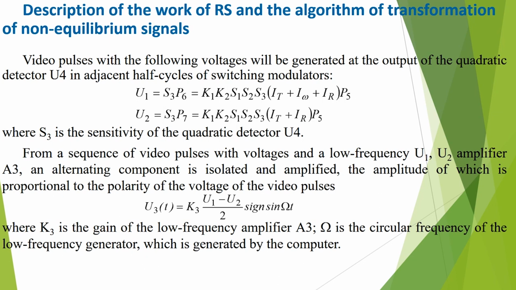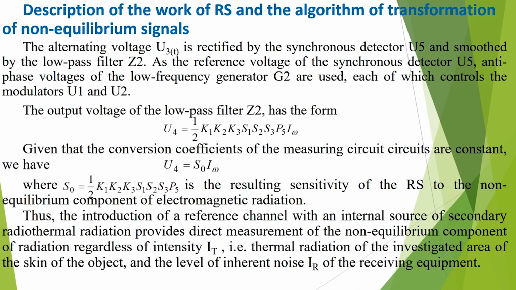The alternating voltage U3T is rectified by the synchronous detector U5 and smoothed by the low-pass filter Z2. As the reference voltage of the synchronous detector U5, antiphase voltages of the low-frequency generator G2 are used, each of which controls modulators U1 and U2.